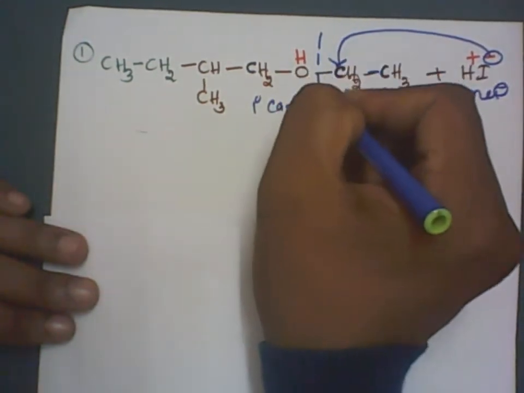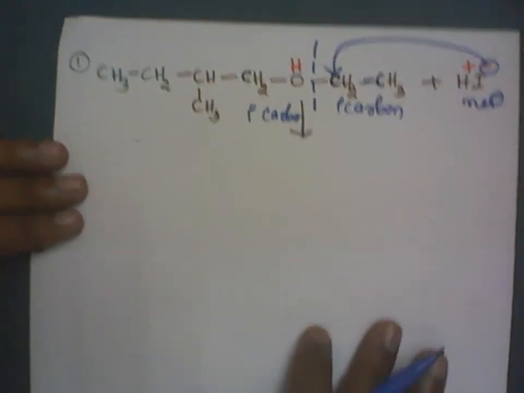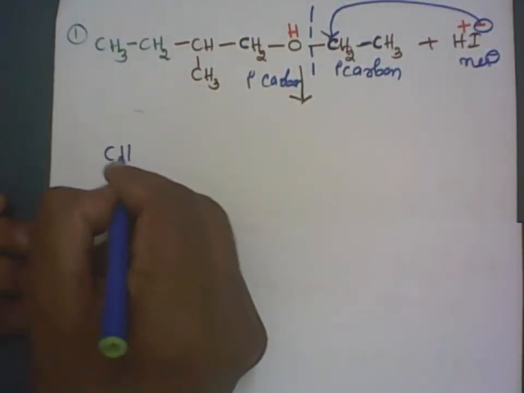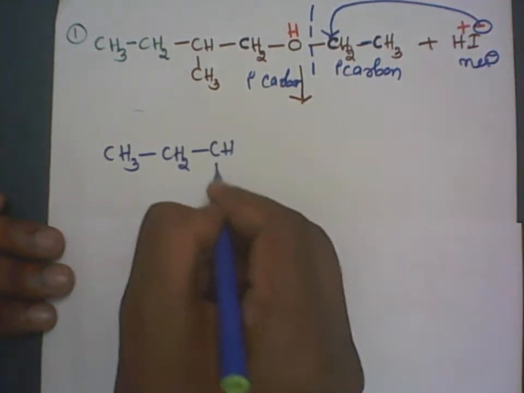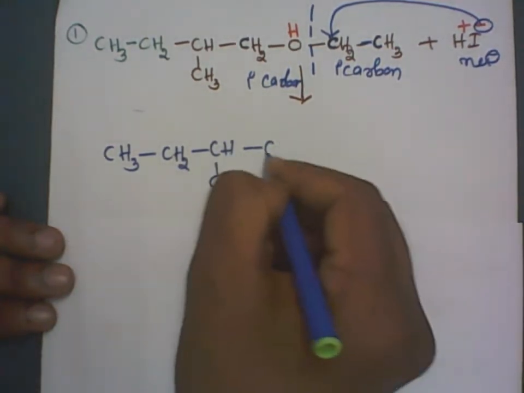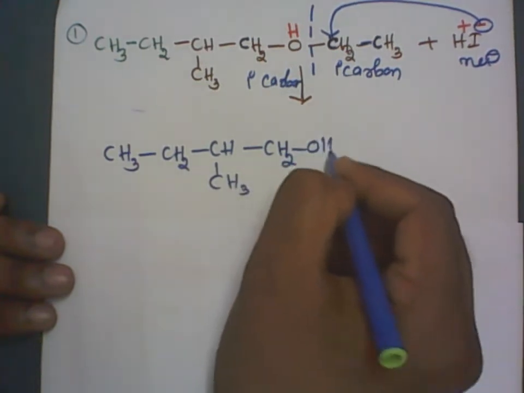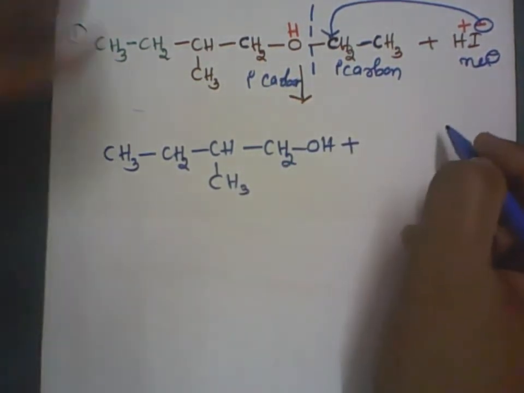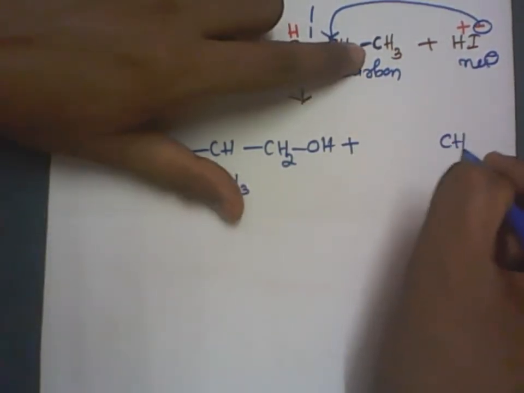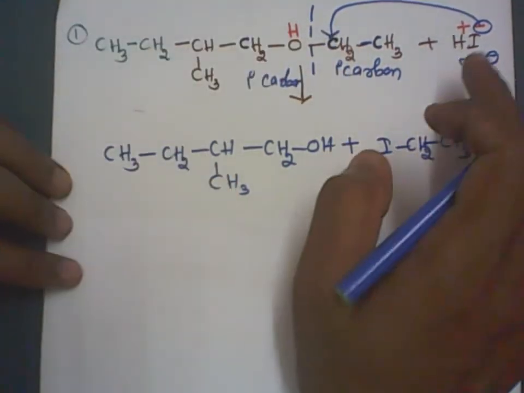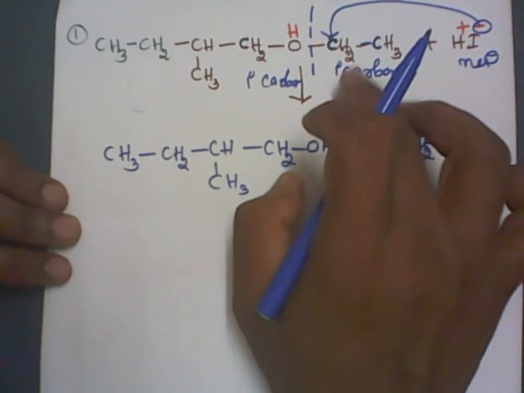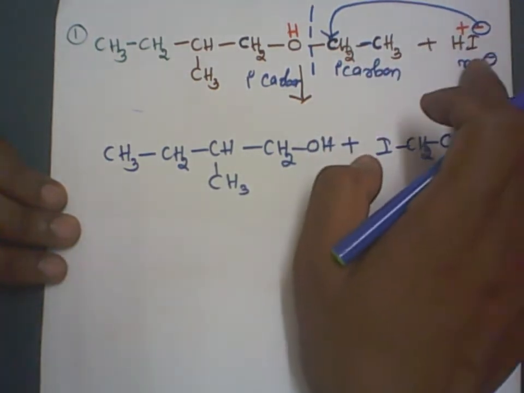Therefore, the bond breaks here. So the product would be CH3CH2CH(CH3)CH2OH, plus the other product, which I write in reverse order, CH3CH2I. Remember, the smaller alkyl group always attaches to the halide ion.